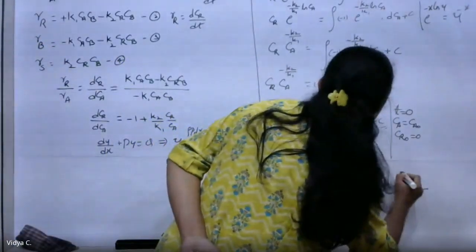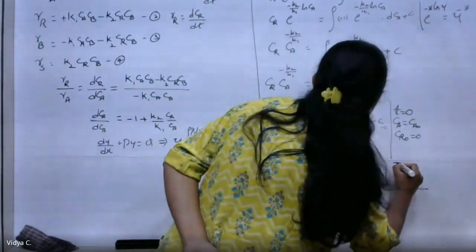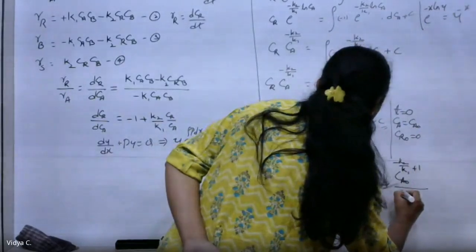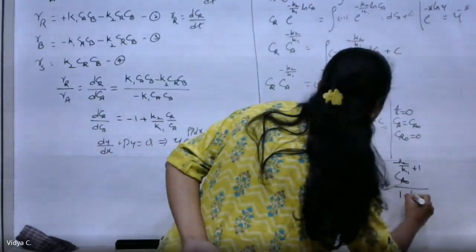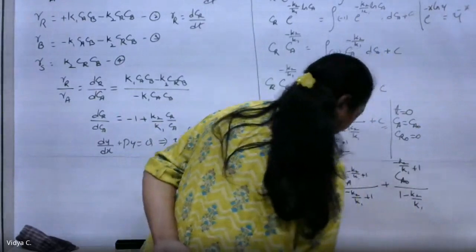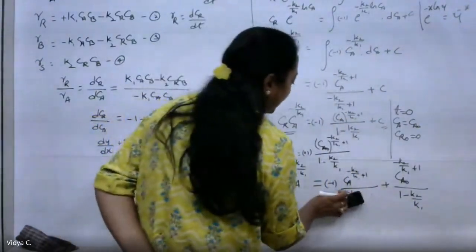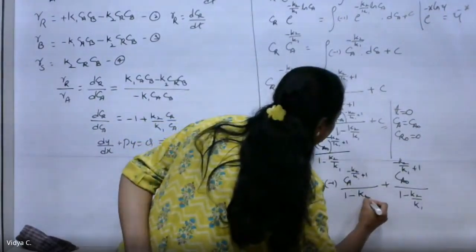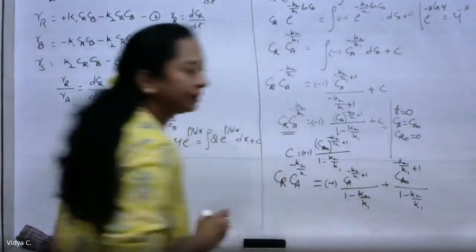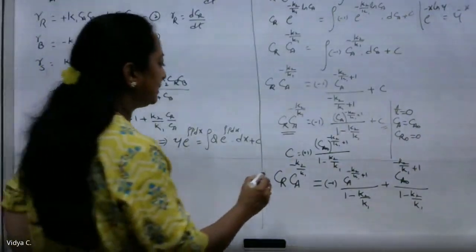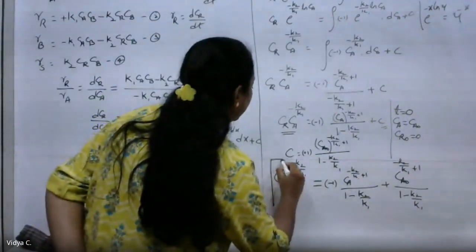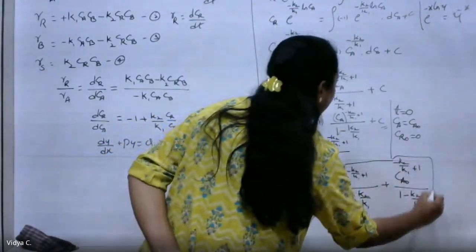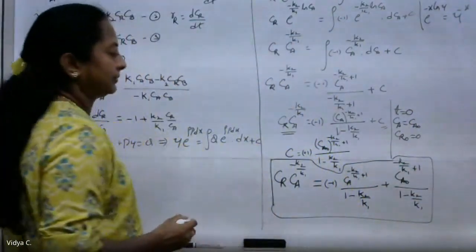It is CA naught to the power of minus K2 by K1 plus 1 by 1 minus K2 by K1. So here also I can write this as 1 minus K2 by K1. So this is the equation.